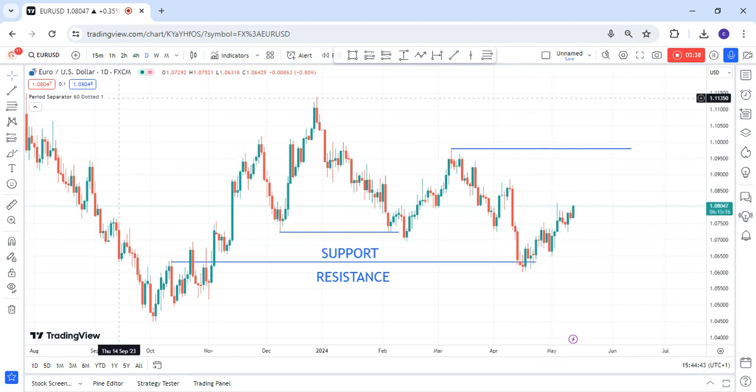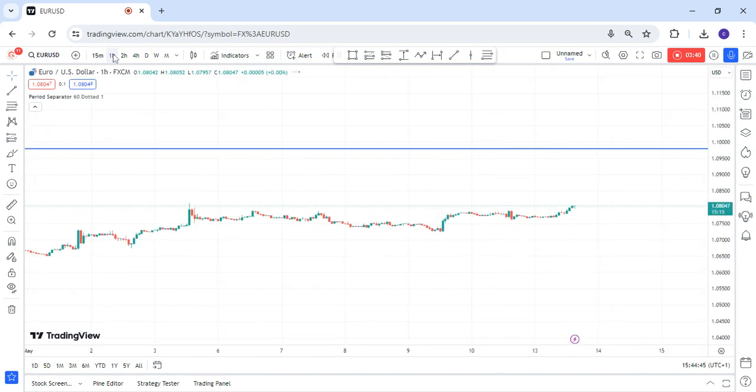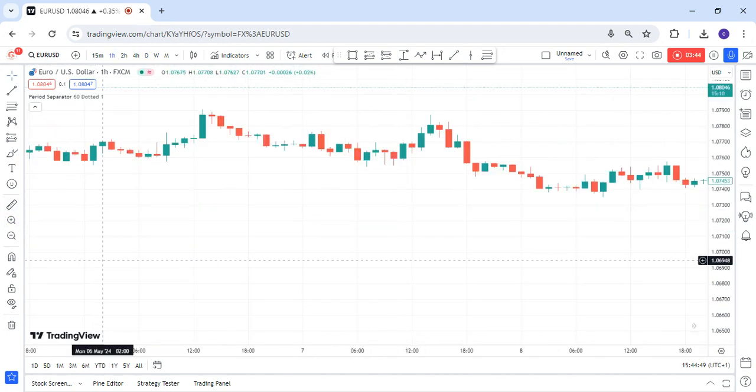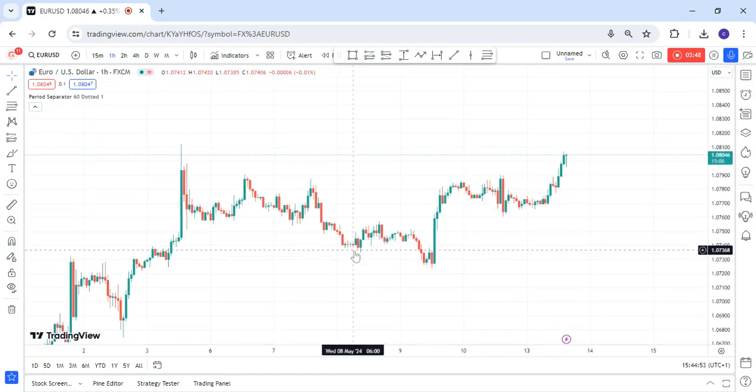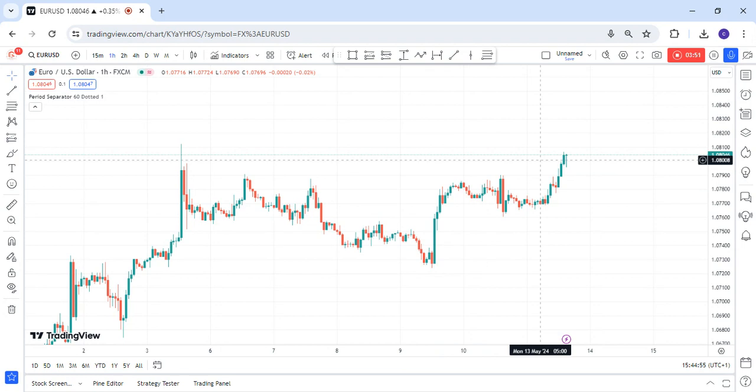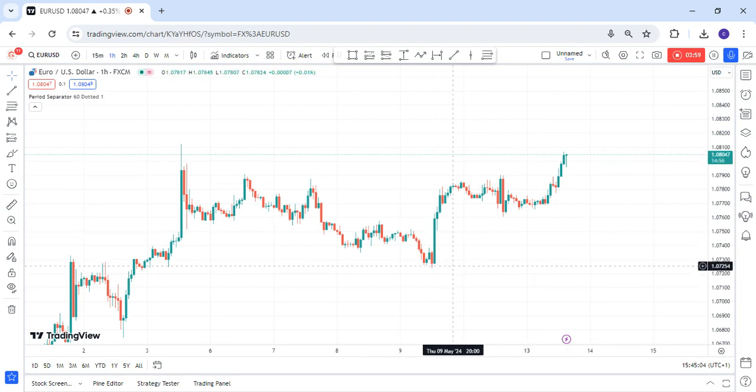So let me come to the 1 hour and try to break this down. On the 1 hour, price is moving to the upside currently, and I am not saying, oh, I have to go buy. The market is leaving. No, no, no. Why am I not doing that? Because there is no previous week low that has been taken out.